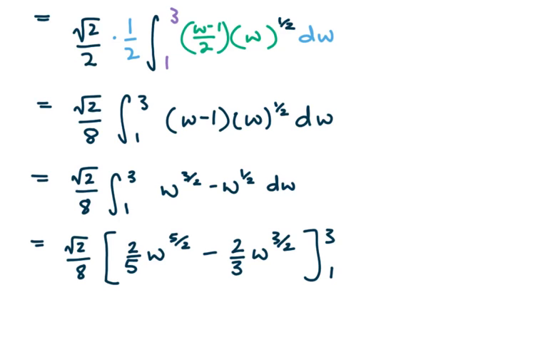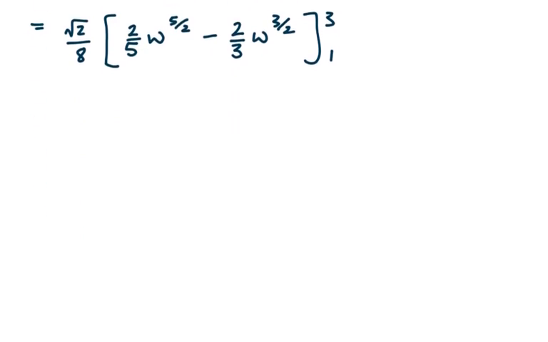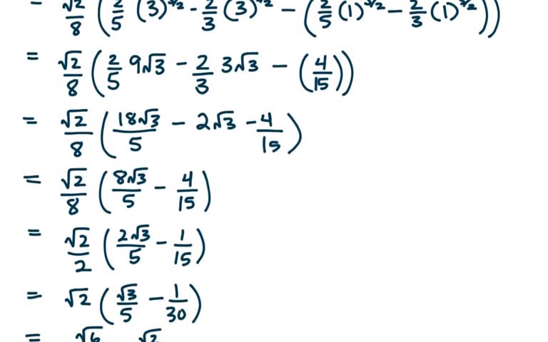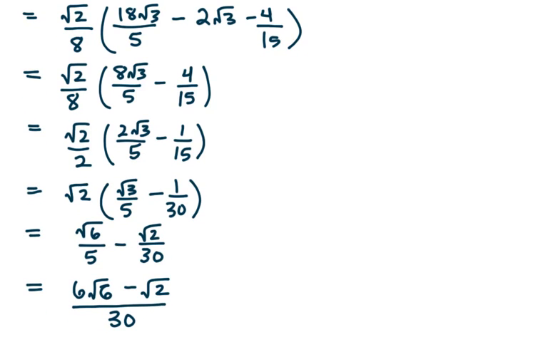And of course, at this point, the algebra is just busy work. I have written out our algebra steps here. We plug in 3, we plug in 1, we simplify and get some values. There's some subtraction and reduction. 18/5 minus 10/5 gives us 8/5 root 3.